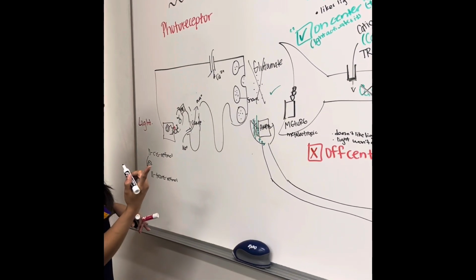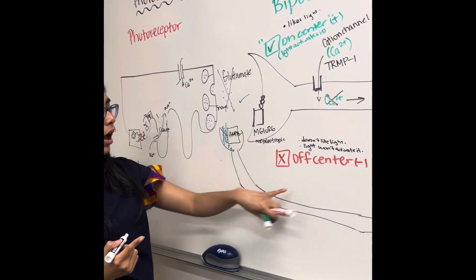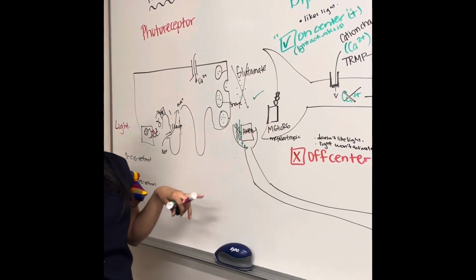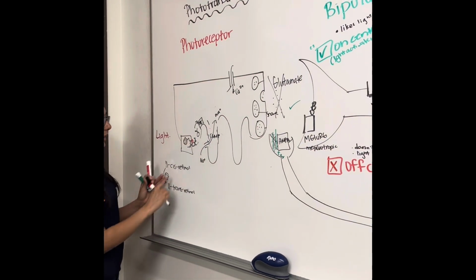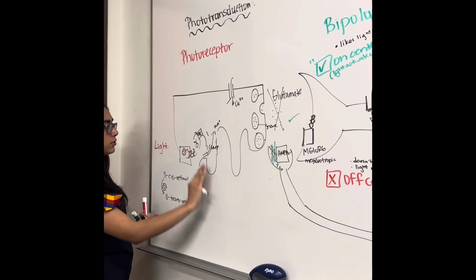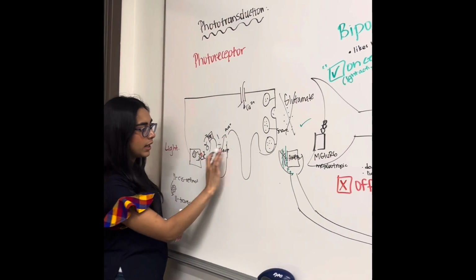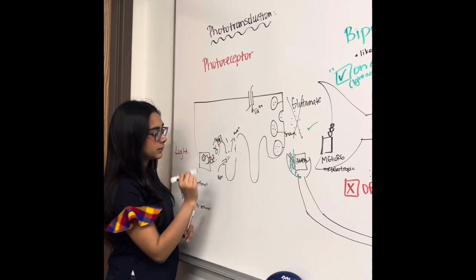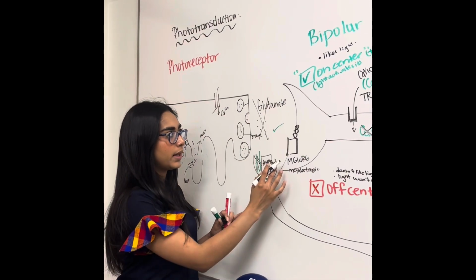Now let's see what happens in an off-center. On-center uses mGluR6. Off-center uses AMPA in our bipolar cell. So let's say there's light. 11-cis-retinol transfers into trans-retinol. We have our PDE. It blocks our cGMP. No sodium, no calcium in, nor glutamate.